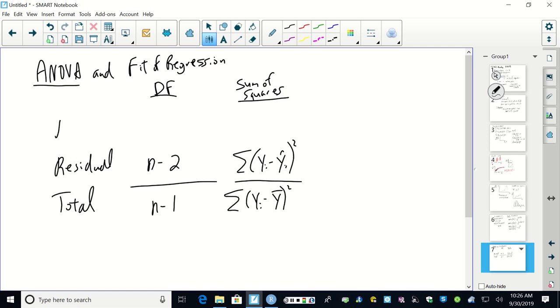And the other part is called a sum of squares for regression. It only gets 1 degree of freedom. It's going to compare the predictions to the overall average.